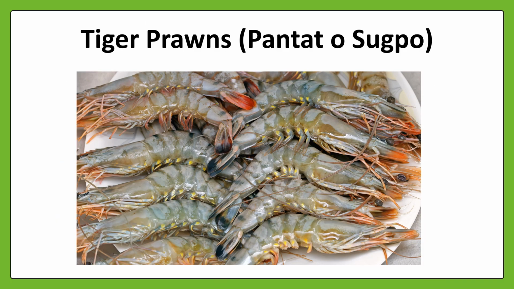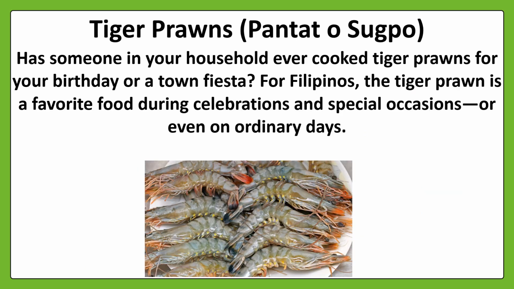The fourth one is tiger prawn, pantat or sugpo. Has someone in your household ever cooked tiger prawn for your birthday or a town fiesta? For Filipinos, the tiger prawn is a favorite food during celebrations and special occasions or even on ordinary days.